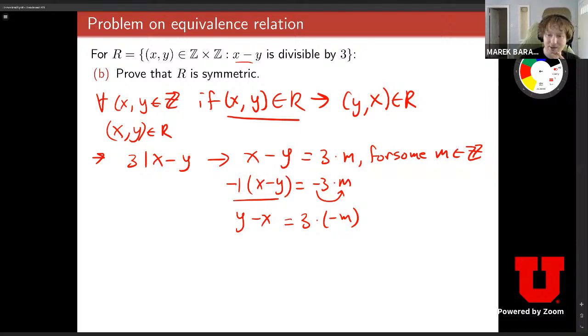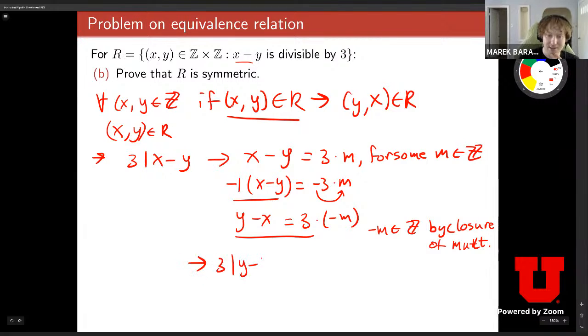And negative m is an integer by closure of multiplication. This means that 3 divides y minus x, which is the definition of y, x being in the relation. So y, x is in R, and so R is symmetric.